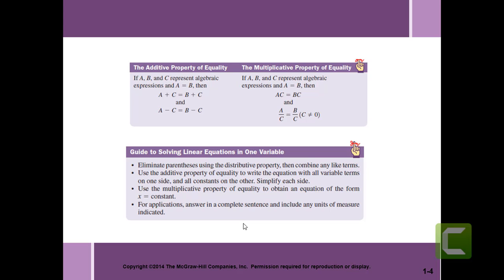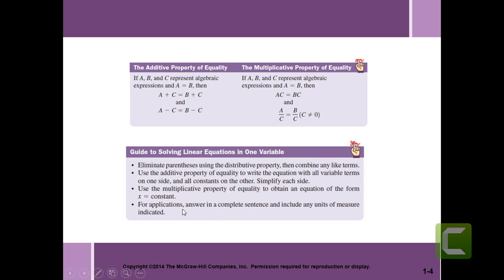Then you're going to use the multiplicative property of equality to obtain an equation of the form x equals a constant. Basically, this is the goal. You want to get everything in the form of x on one side equal to just a constant, or some numbers, on the other side.